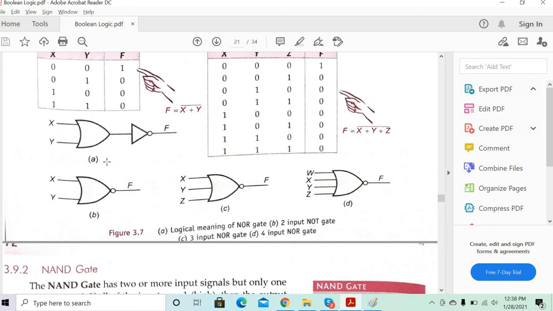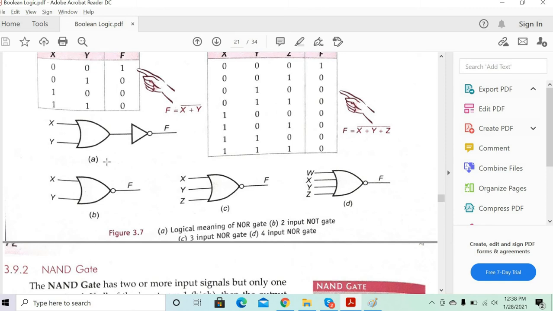The OR gate's output is passed through the NOT gate, so that's why it becomes a NOR gate. Whatever the output of the OR gate is, that will get complemented by the NOT gate. Clear? Okay. Yes, sir. Clear.